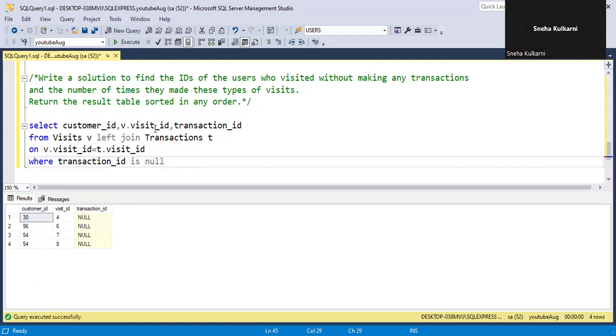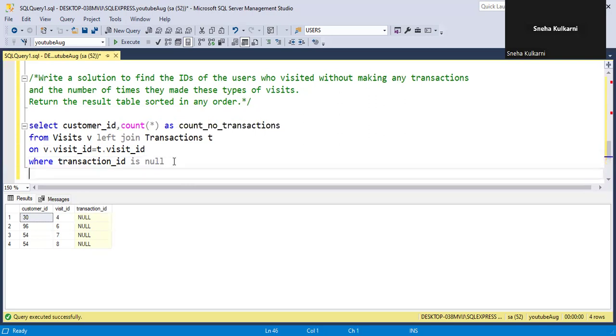Now in the output we want the customer ID and the count of times they visited without making any transaction. So count star as count no transactions, right?